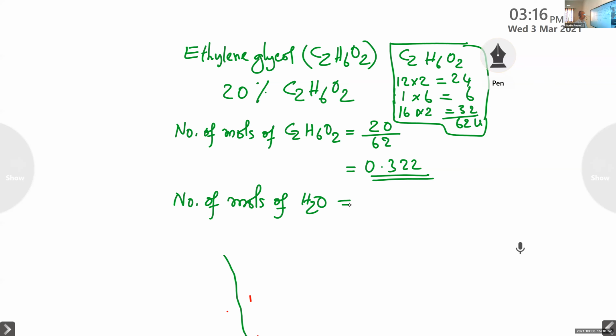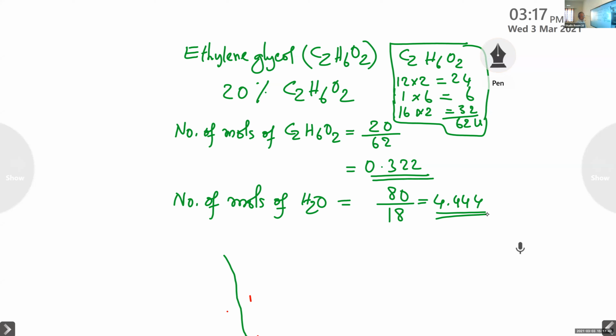So if you take 100 gram of the solution, there will be 20 gram of ethylene glycol and 80 gram of water. So number of moles of water is equal to 80 by molar mass of water. You know what it is? H2O molar mass is equal to 18. So 80 by 18 and the value is 4.444. It will go on like that. That is the number of moles of water.